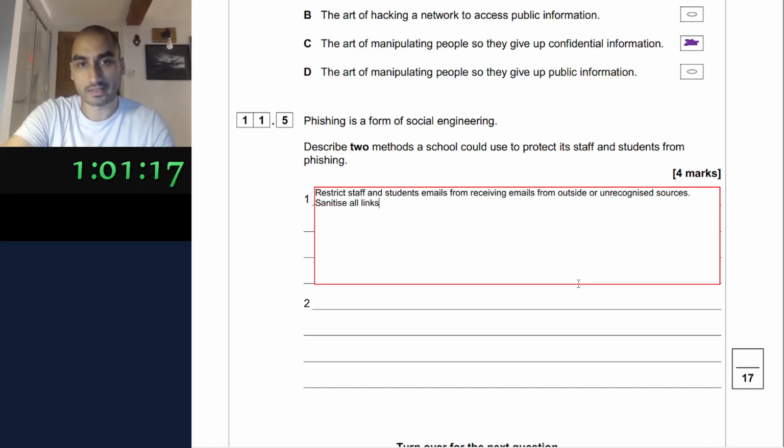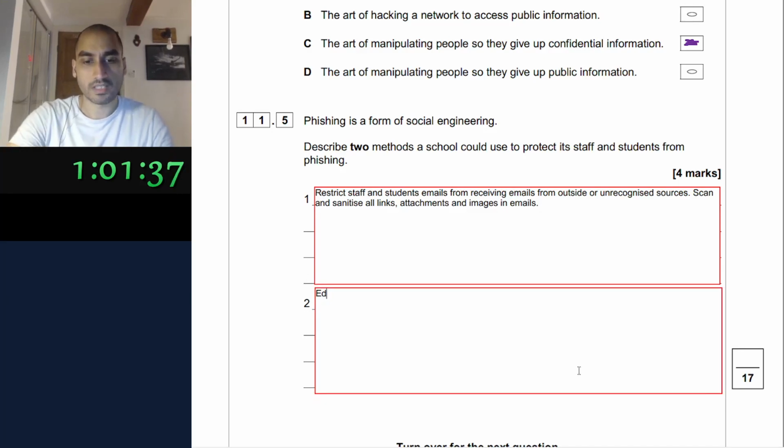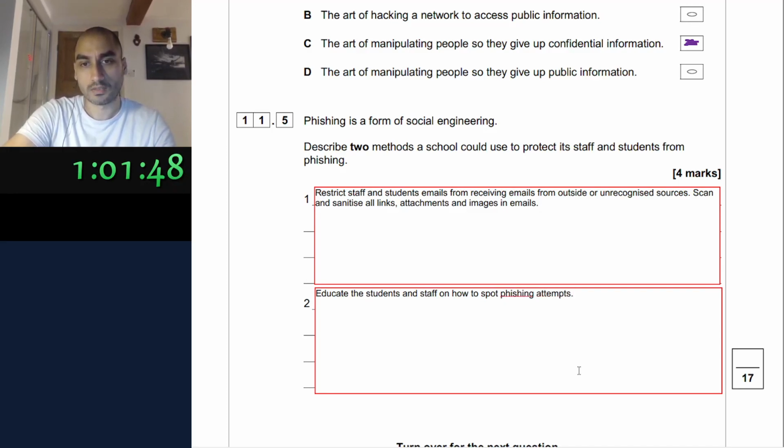Sanitize all links, attachments, and images in emails. Scan and sanitize all links in emails. Educate the students and staff on how to spot phishing attempts.